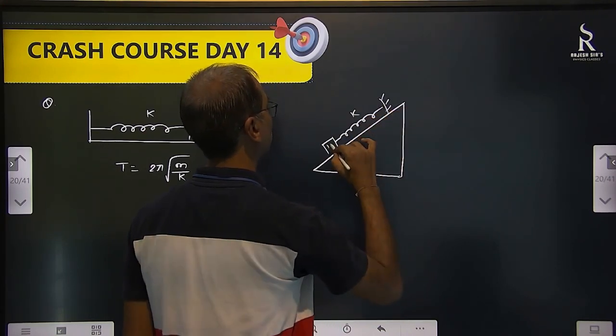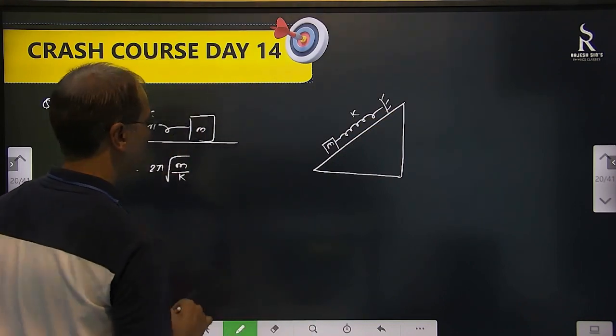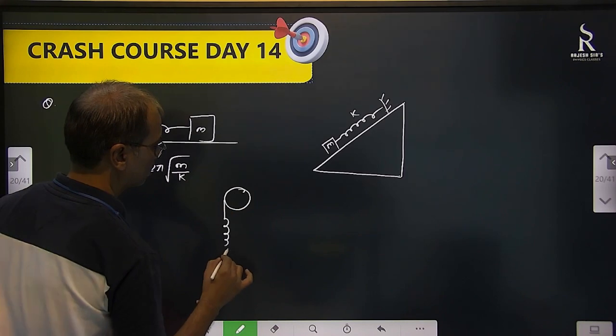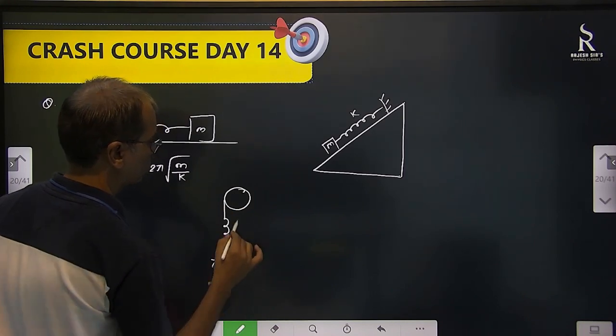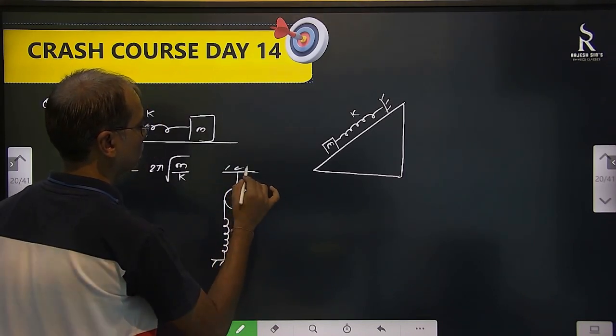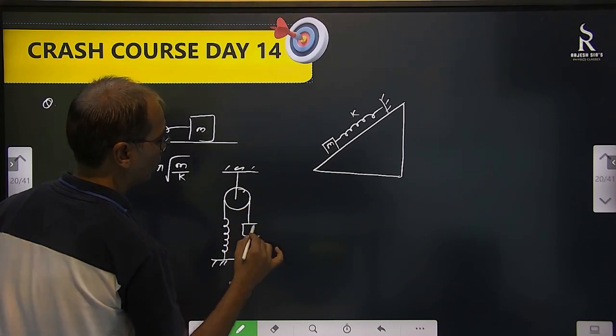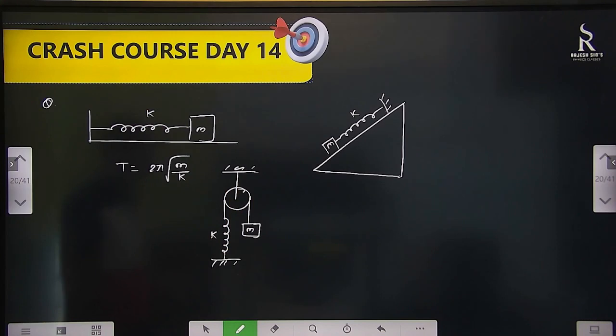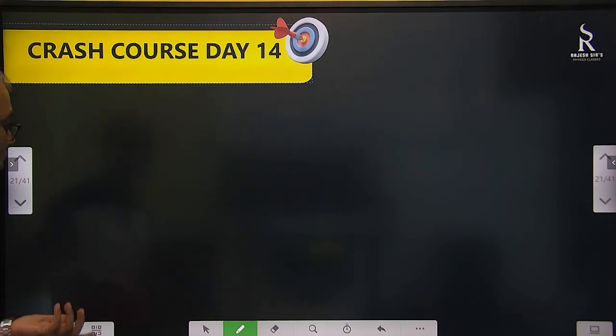Or it's like this, time period is still same. We will solve it in the same way. No change. All of these have the same time period. So let's change it, some other system.